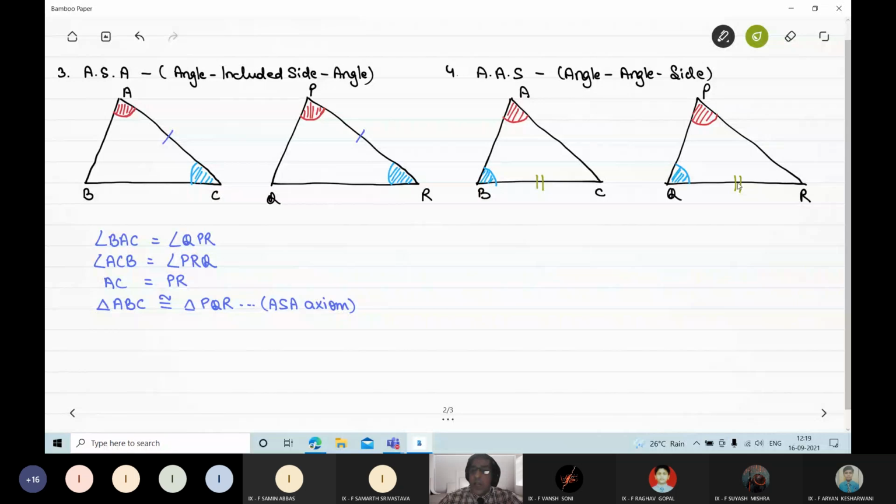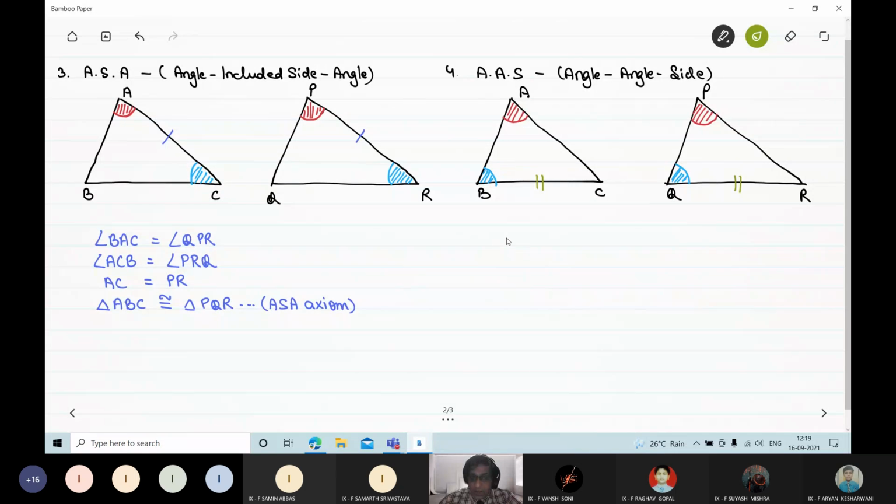Now see, BC and QR, they are not included side. The included side was AB and PQ, क्योंकि ये वो side है जो equal angles के बीच में बन रही है. So any two angles and any one side is equal, we can say that the two triangles are congruent.